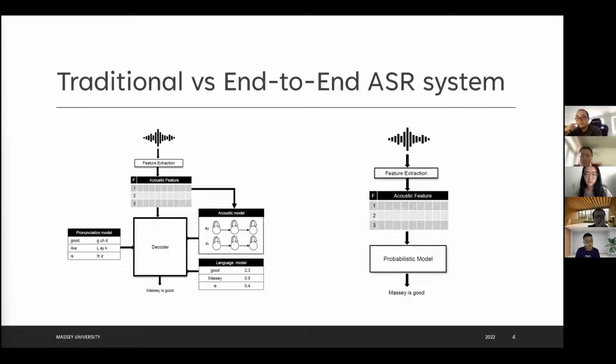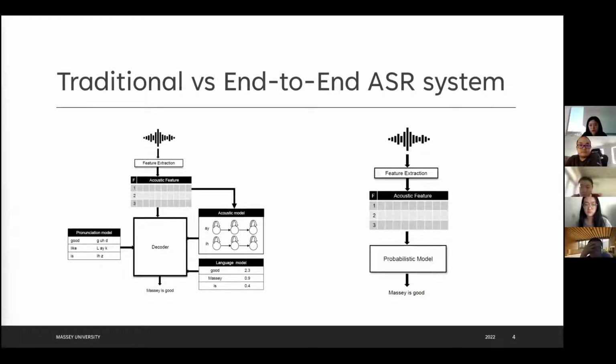But these systems were very hard to optimize, with a lot of issues in optimizing all three different models. To ease the process, researchers presented end-to-end systems, which are probabilistic models based on deep learning. These try to learn all these components jointly, and then produce the output transcriptions. These are fairly simple models as compared to the traditional systems.